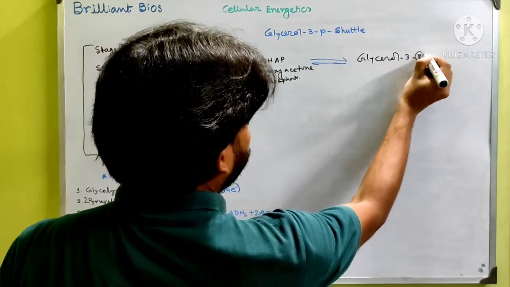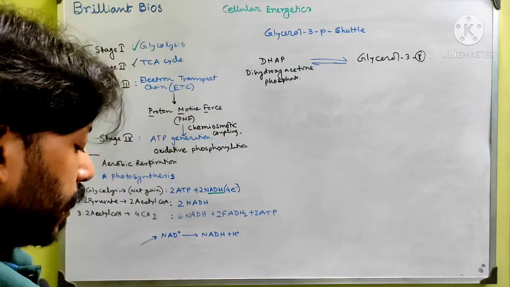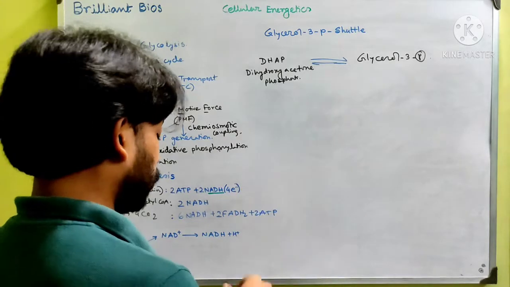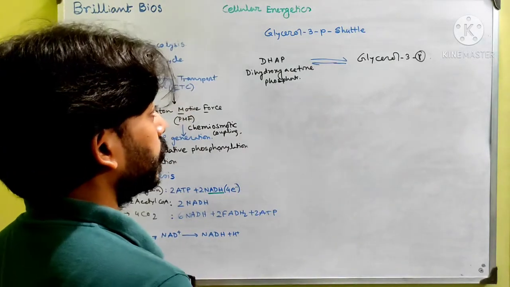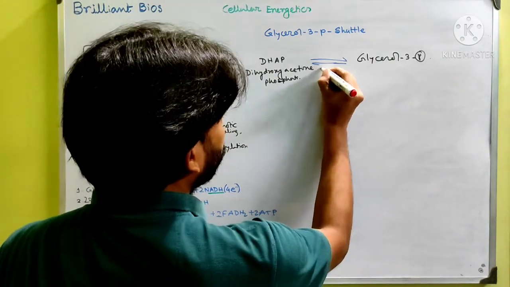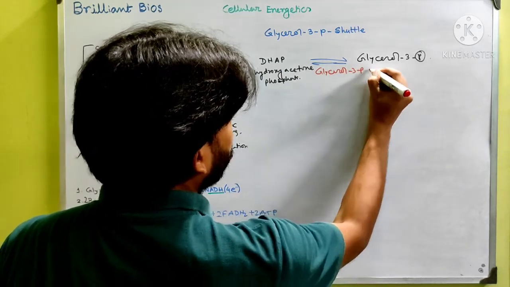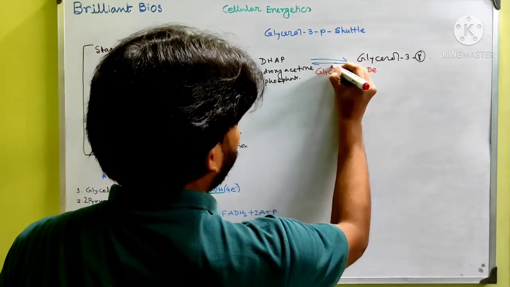So the DHAP is reversibly convertible into Glycerol-3 phosphate, and the enzyme here is Glycerol-3 phosphate dehydrogenase.